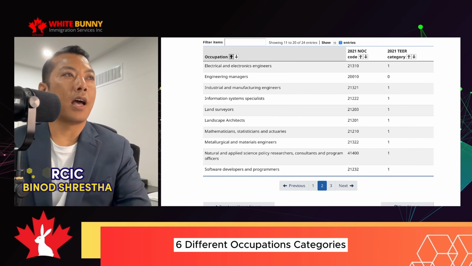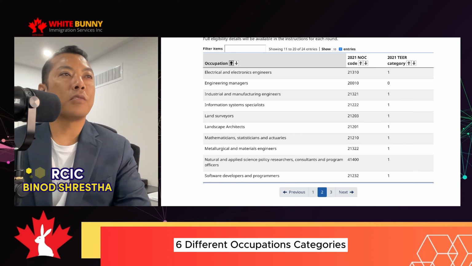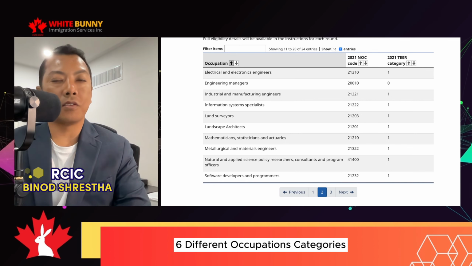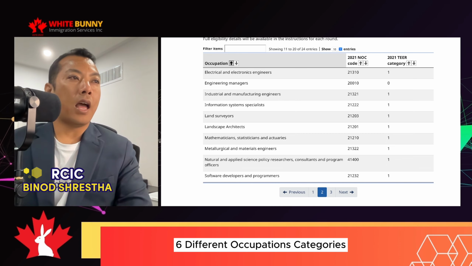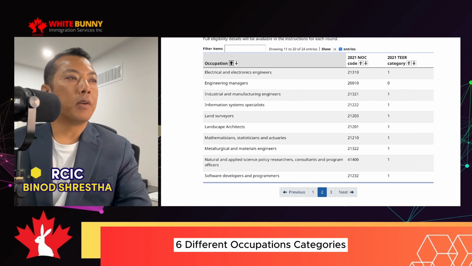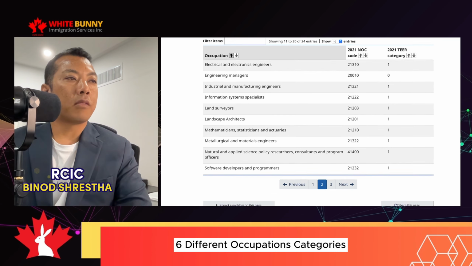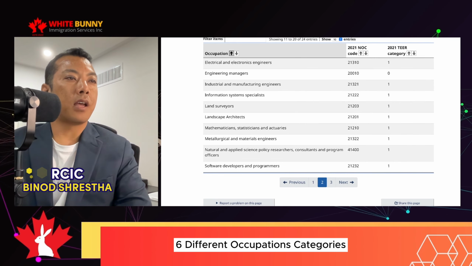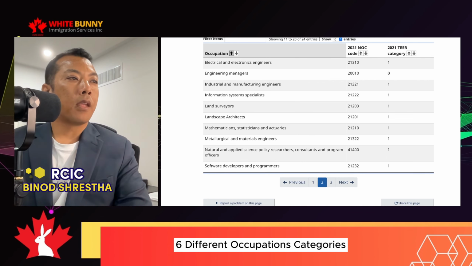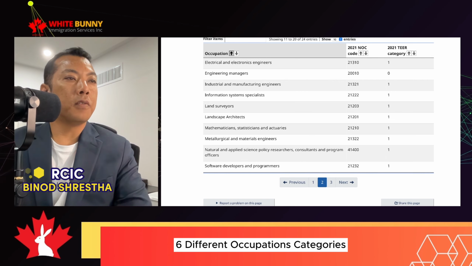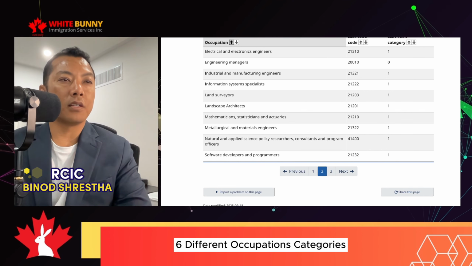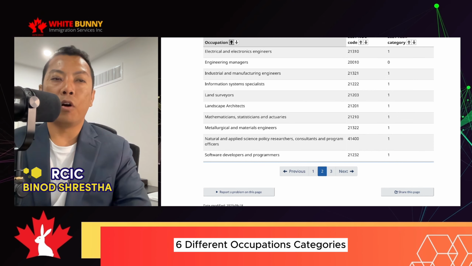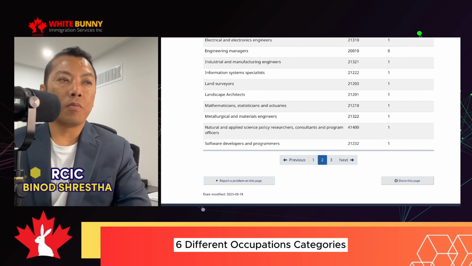If we go to the next tab, electrical and electronic engineers, engineering managers, industrial and manufacturing engineers, information system specialists, land surveyors, right? And then we have landscape architects, mathematicians, statisticians, and actuaries, metallurgical and material engineers, natural and applied science policy researchers, consultants, and program officers, software developers and programmers.